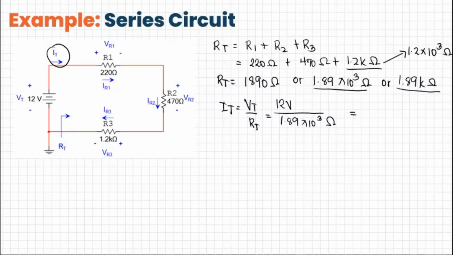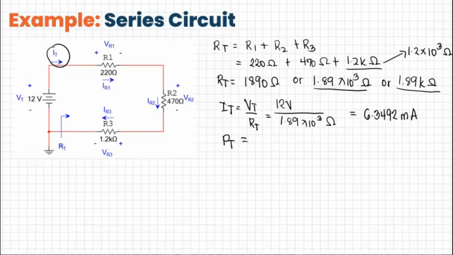So, IT, or total current, is equal to 6.3492 milliamperes. Okay? So, next po, compute din natin how much power is yung power source natin. Okay?